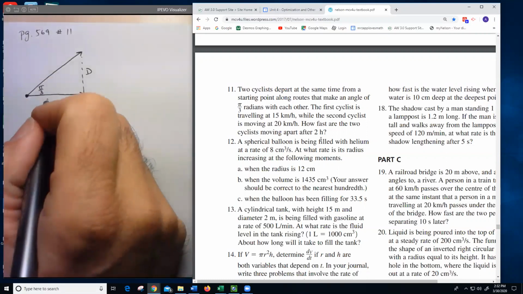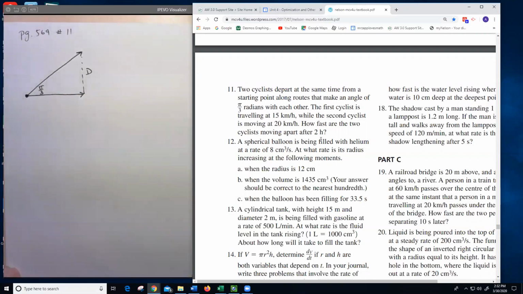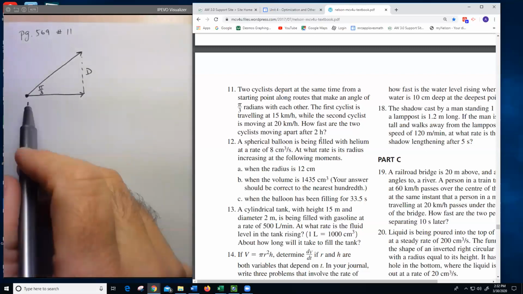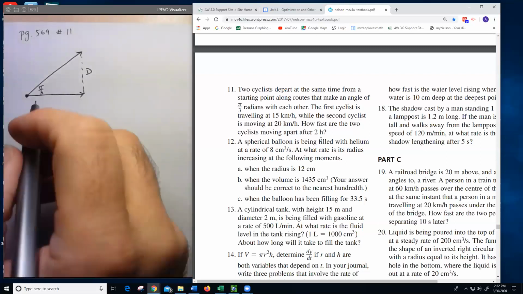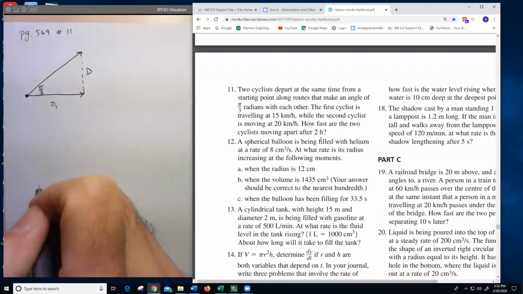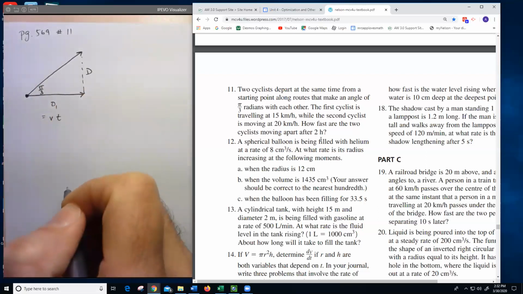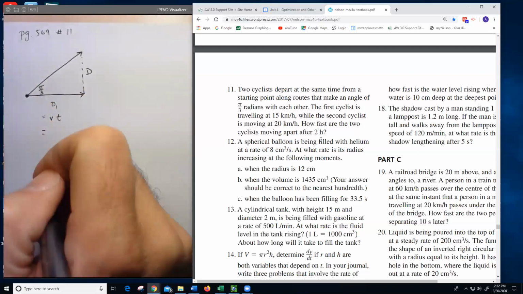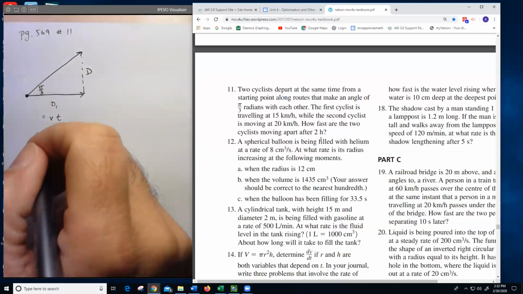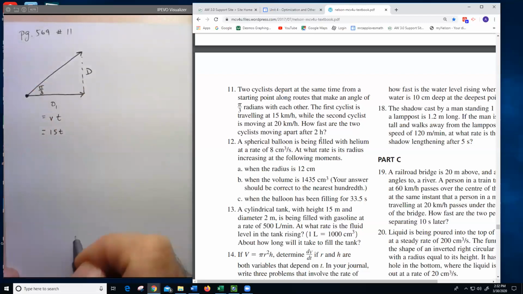But I've got this distance here, and who's going to tell me how I can represent that distance? Even before I get to cosine law, I'm going to come up with a variable, but I can go a little further because I know that whatever this, say d1 is, is just going to be equal to the velocity times the time of travel. The first one was traveling at 15 kilometers an hour, so this one's going to be 15t.